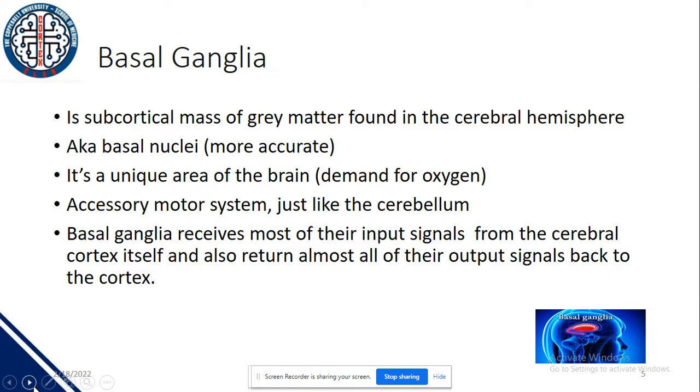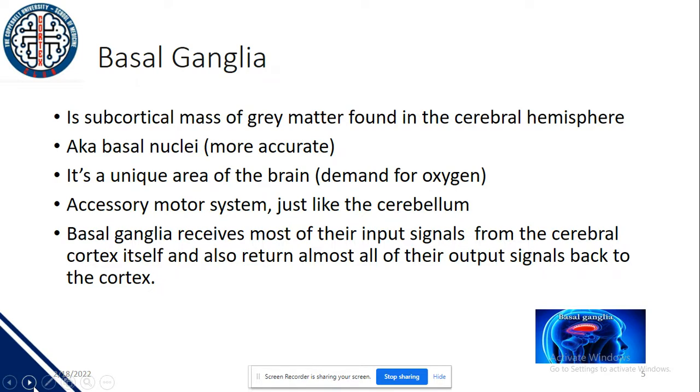So it is a unique area of the brain which has a high demand for oxygen. The basal ganglia is not just one component. It comprises many nuclei that we're going to see in the next slides. It is the accessory motor system, just like the cerebellum.